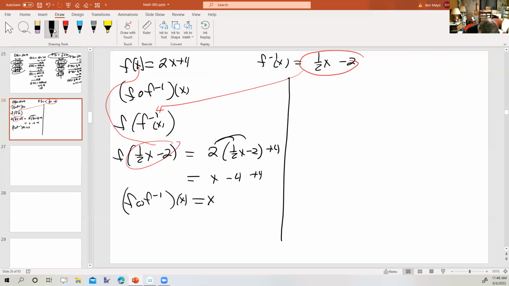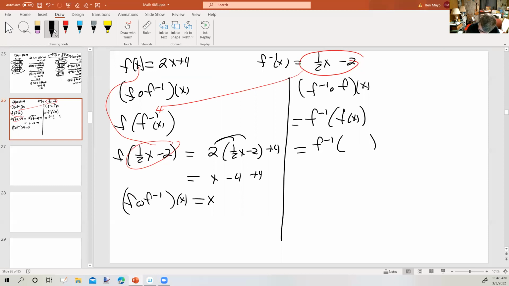Okay, now let's take f inverse composed with f of x and see what we get. Well, that's equal to f inverse of f of x, which is f inverse of, let's see, f of x is all of that. So all of that is going to go in here.